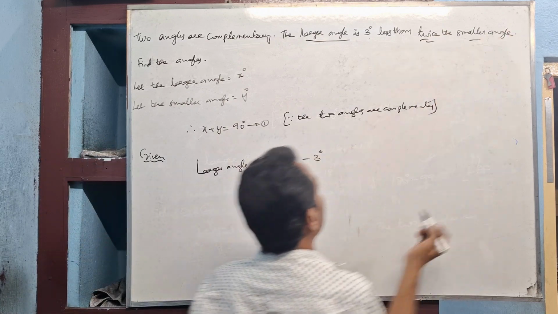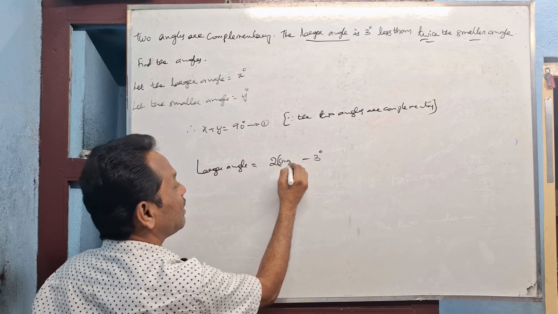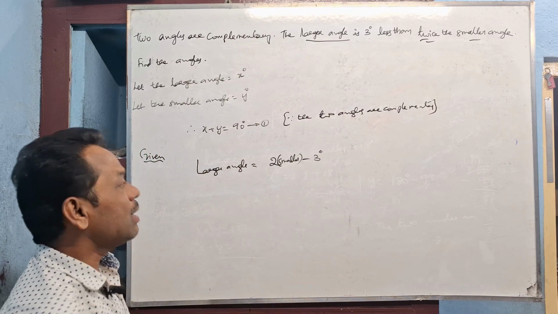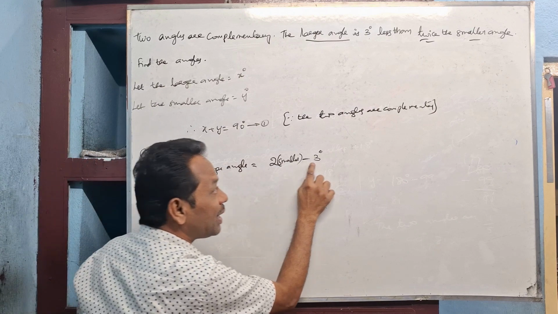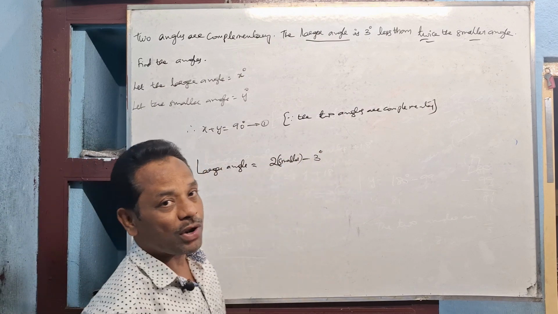Twice the smaller angle. So I repeat again, the larger angle is 3 less than 2 times the smaller angle.